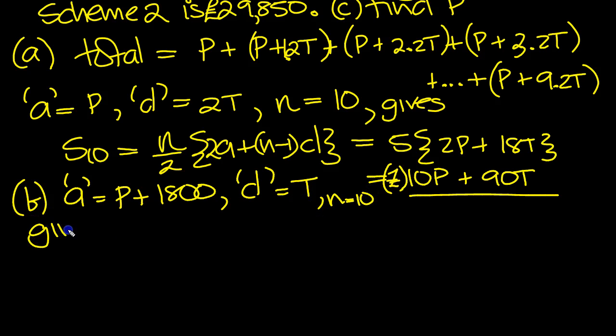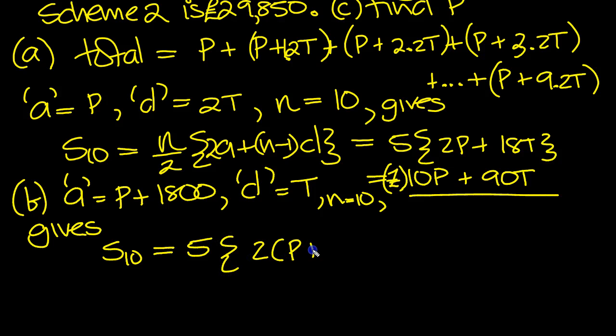So S10 for this second series will be n over 2, which is 5, times 2a, so 2p plus 1,800s, plus 9 d's, n minus 1 is 9, and d this time is t.